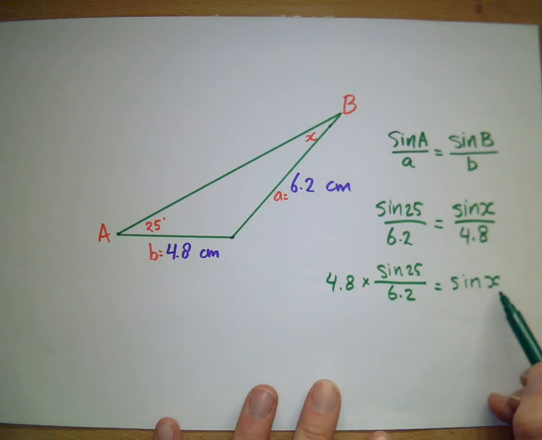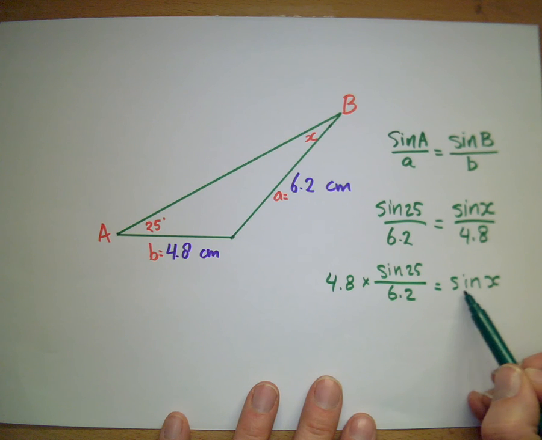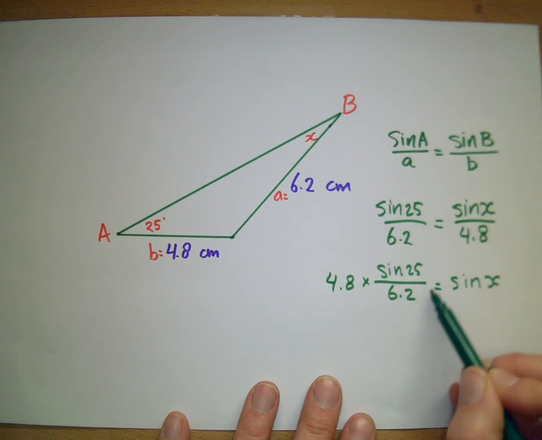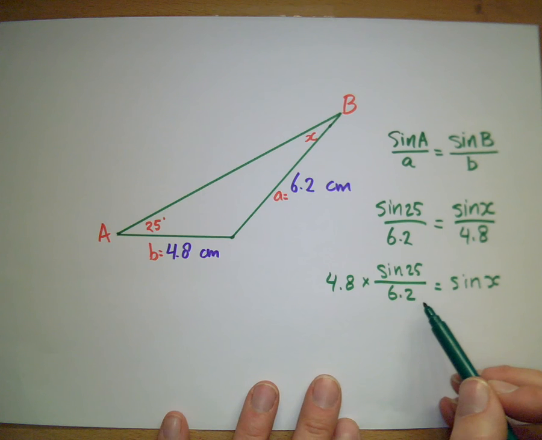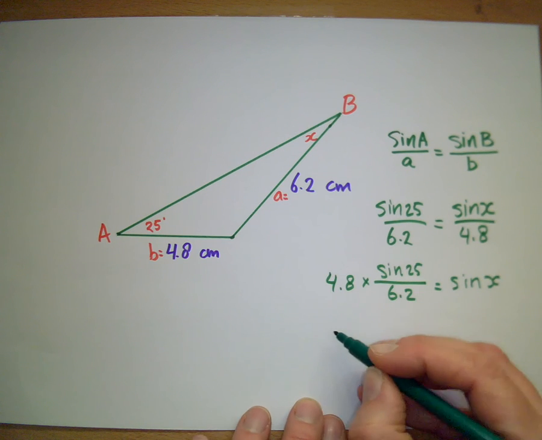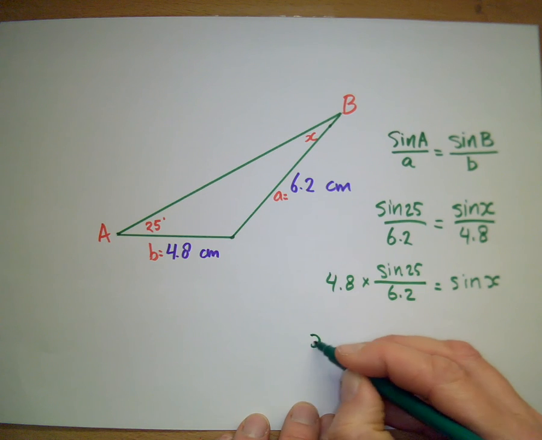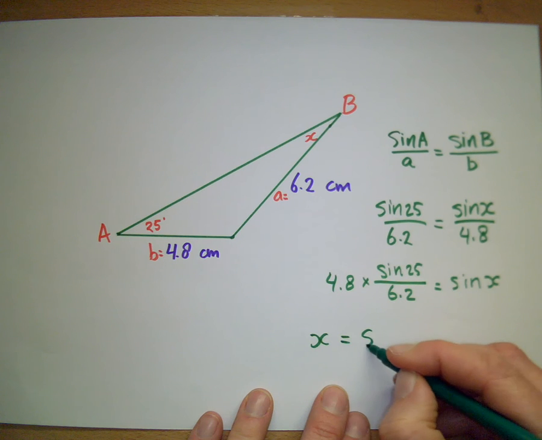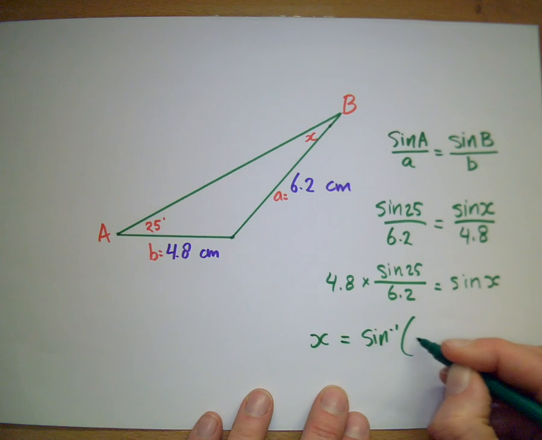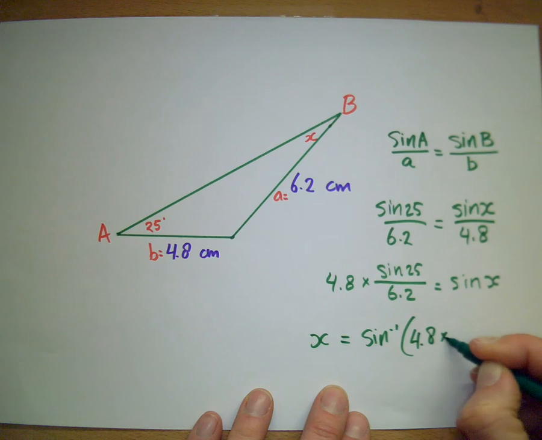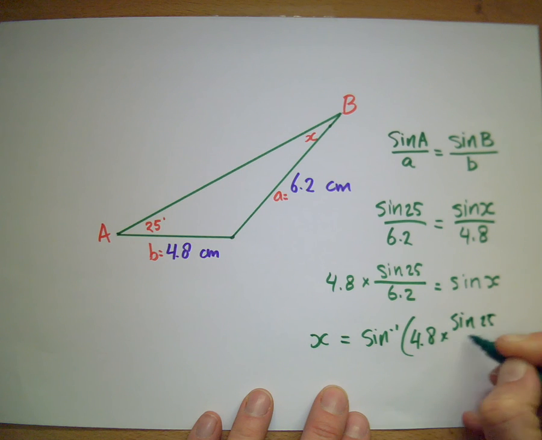So then to get x by itself on one side, we have to take the inverse sine of this entire thing. I like to have x in the front, so I'm going to do that. x equals inverse sine of this whole thing, 4.8 times sine of 25 divided by 6.2.